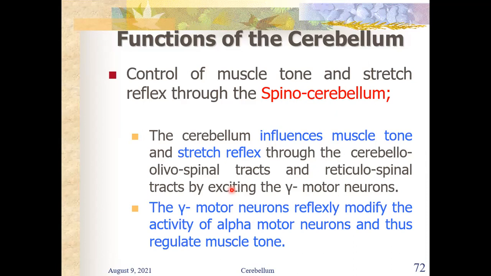So the gamma motor neurons can reflexly modify the activity of the alpha motor neurons via the cerebello-olivospinal tracts and via the reticulospinal tracts.